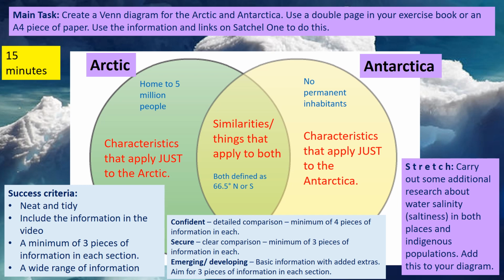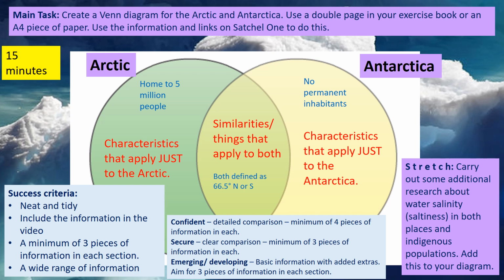Hopefully everyone's done a Venn diagram before in a different subject. The two bubbles overlap, and in the area in between, you're going to write similarities for the Arctic and Antarctica. So your example here is both are defined as 66.5 degrees north or south. They've got the same line of latitude, it's just in a different hemisphere.